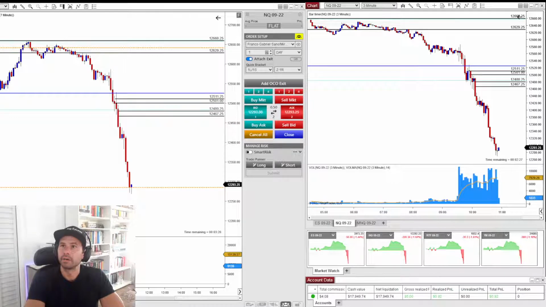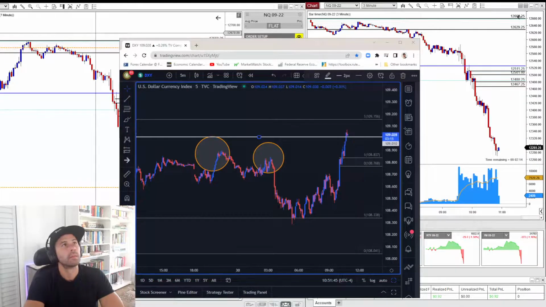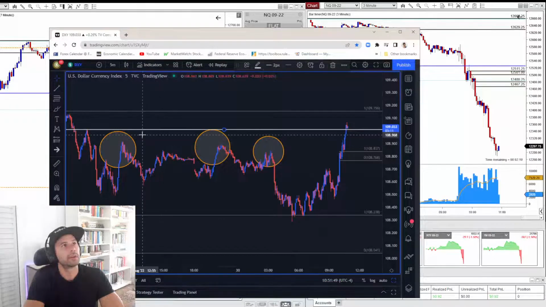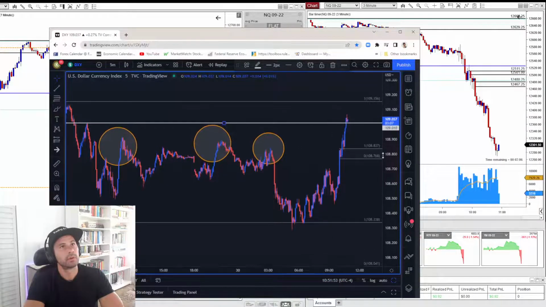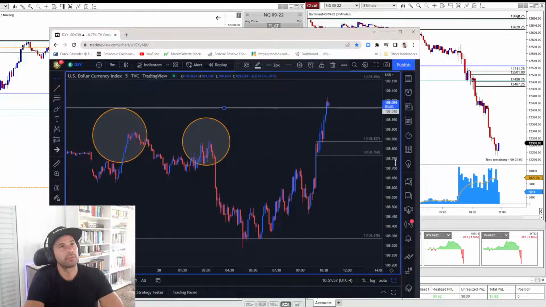All right, the dollar. Let's see if we can have a pullback here in the dollar. So this is the dollar window. I said the white line might be a point where the dollar can start to retrace.